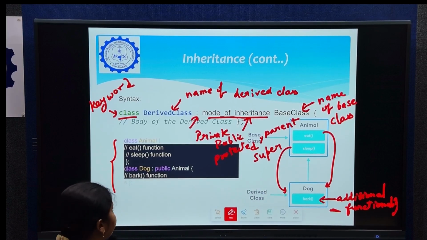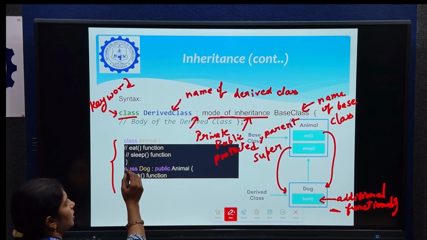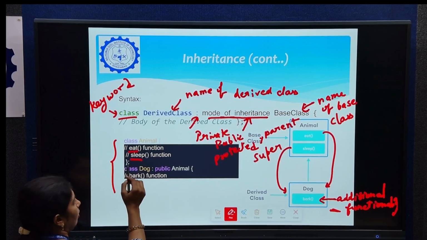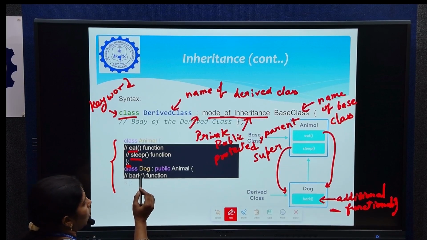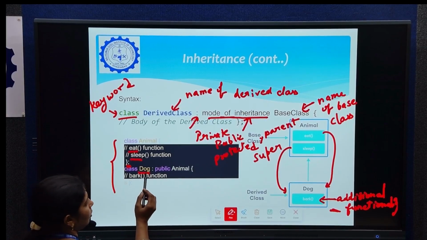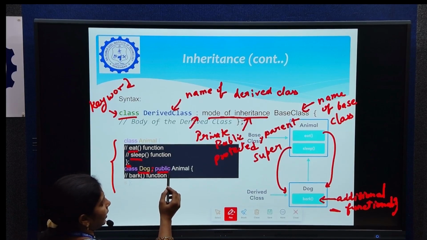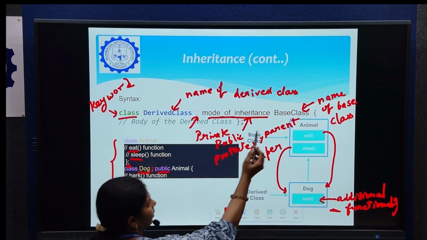The meaning is the same. So I am taking here class animal. Two functions are declared here: eat function, sleep function. Semicolon is a must here in C++. Okay. Now this is the new class dog, the derived class name. Public is the mode of inheritance. Animal is the base class name.